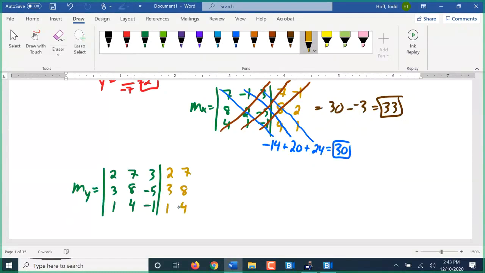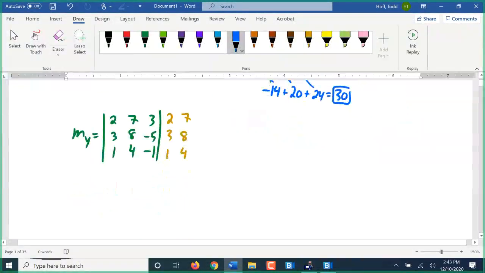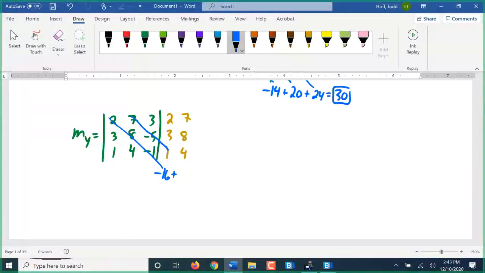And we'll do our diagonals. Going down, 2 times 8 is 16, times negative 1 is a negative 16, plus 7 times negative 5 is a negative 35, times 1 is a negative 35, plus 3 times 3 is 9, times 4 is 36, gives us a negative 15.